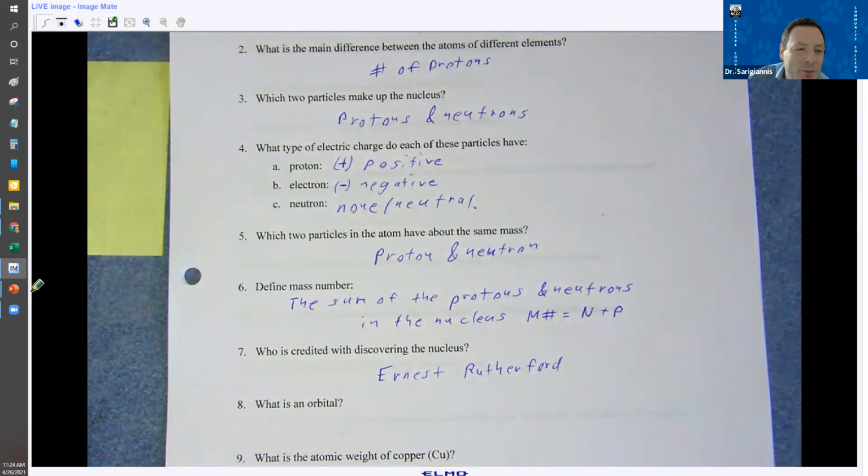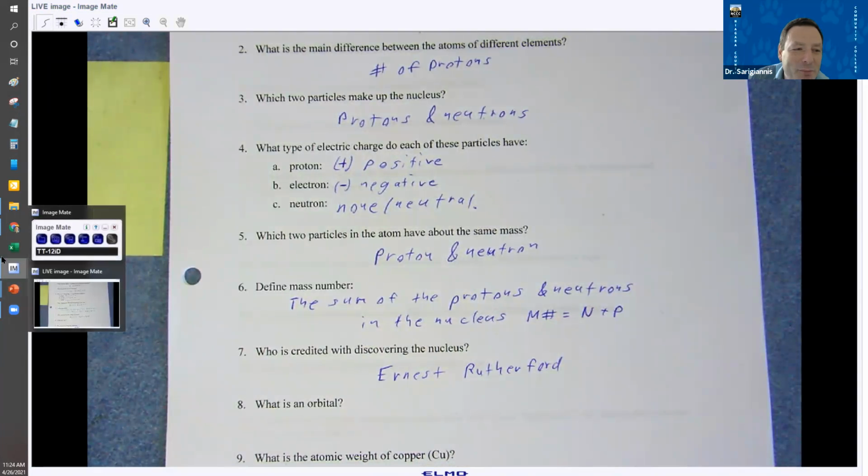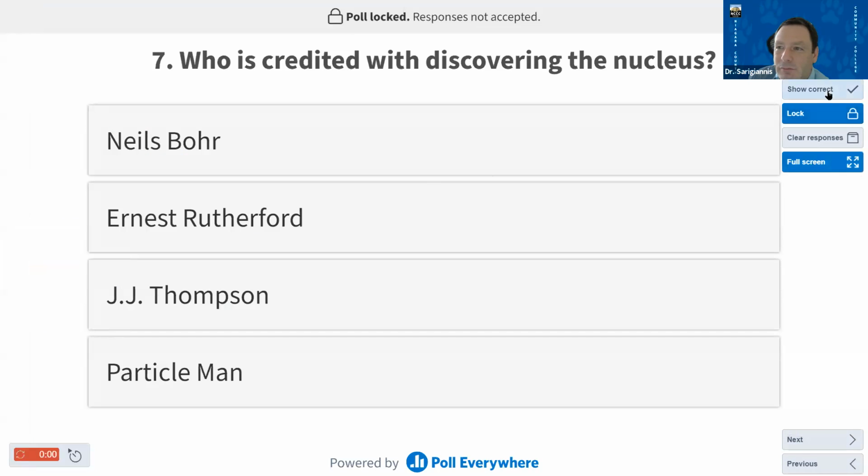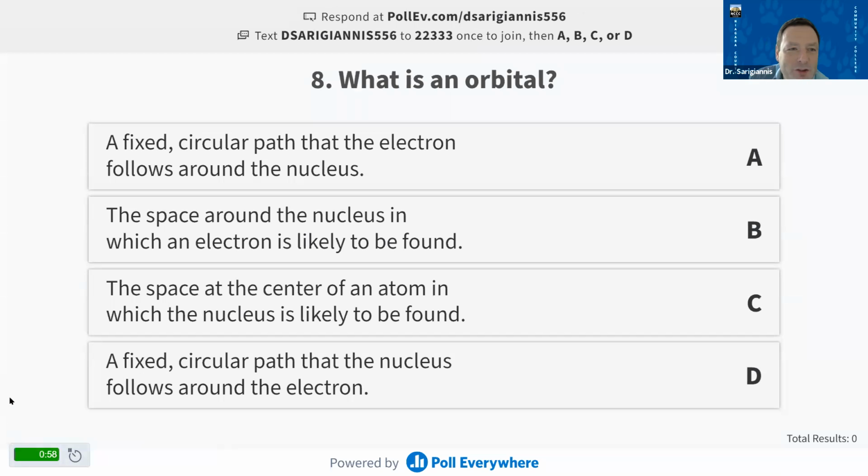All right, what's an orbital? Let's see the different definitions we're given for that. All right, so you got about a minute for this one. You have to read them all.